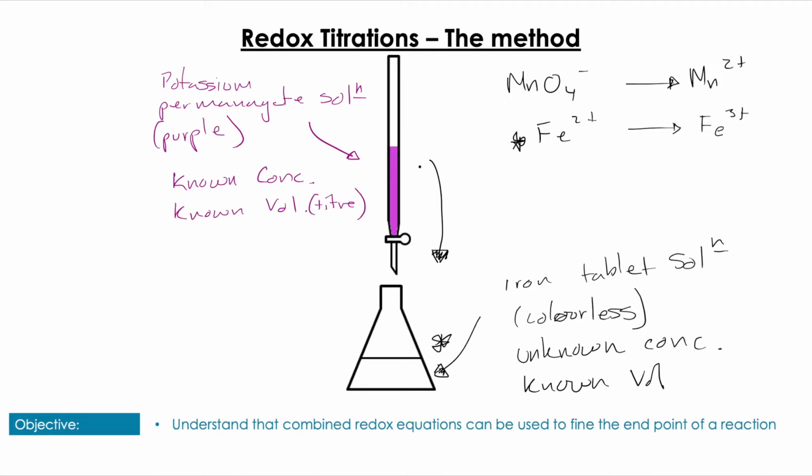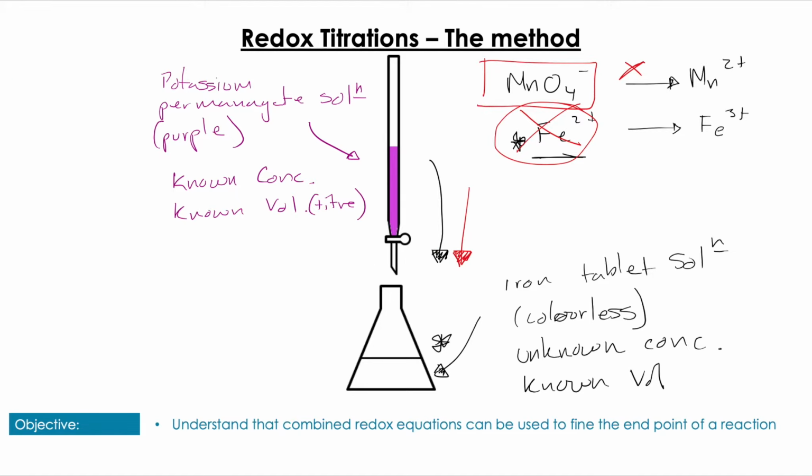So slowly but surely we keep adding permanganate, and that removes more and more Fe2+ from solution. At a certain point, we're going to reach a point at which all of the Fe2+ ions have been used up, and at that point, the solution in the conical flask is going to turn purple.